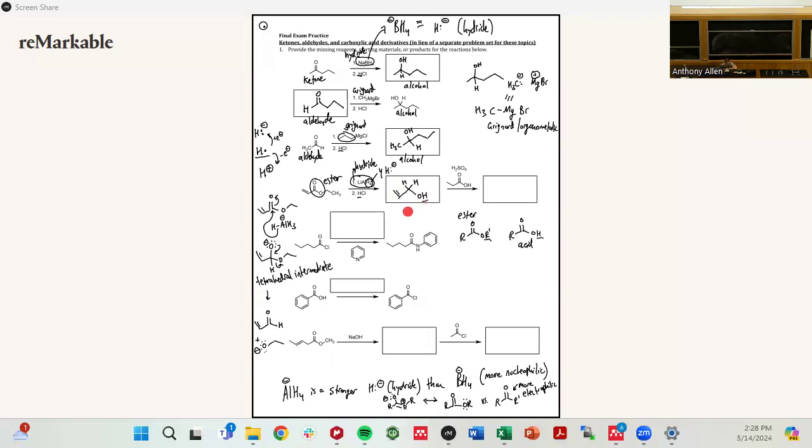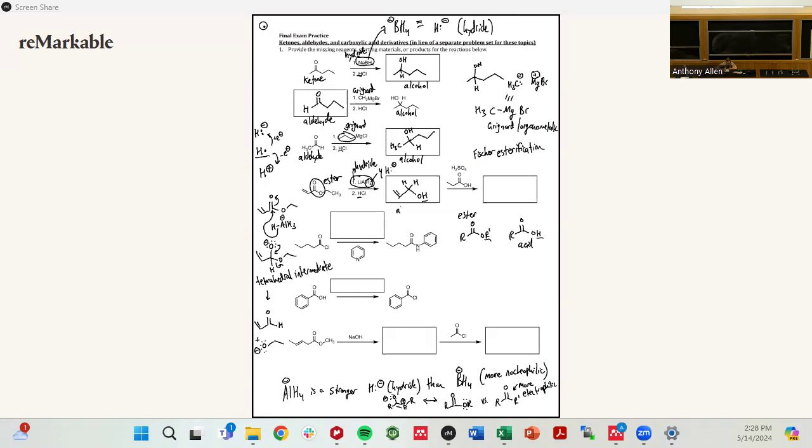So now that we have an alcohol and a carboxylic acid and a strong acid, this is an important one to know. This is called a Fischer esterification.